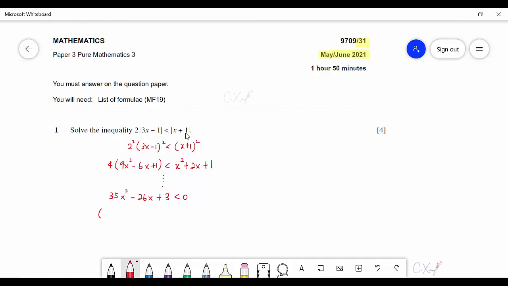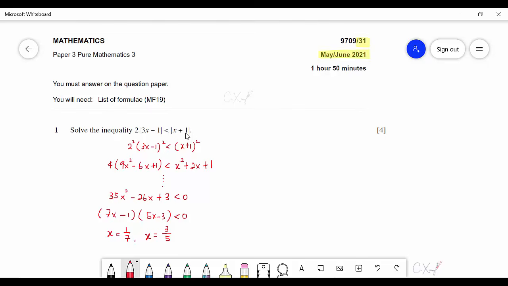To solve it, generally you have to get the values of x. You can factorize it, and there are two values: x equals 1 over 7 and x equals 3 over 5.